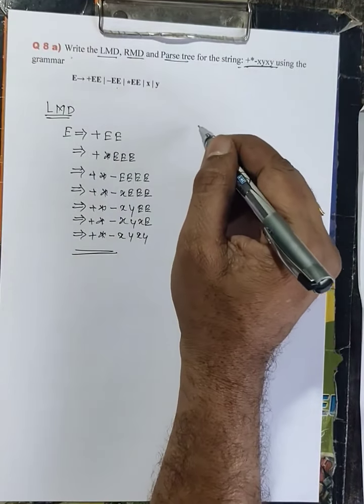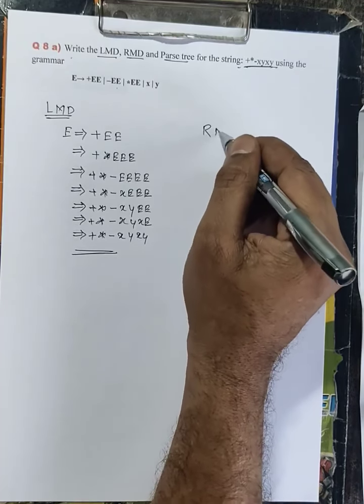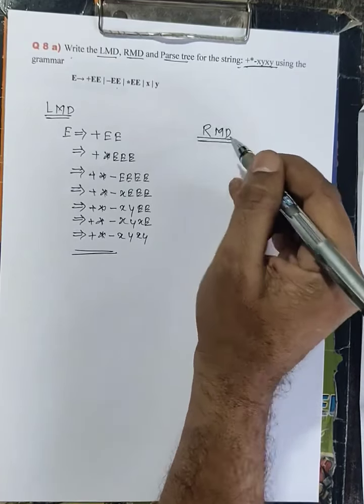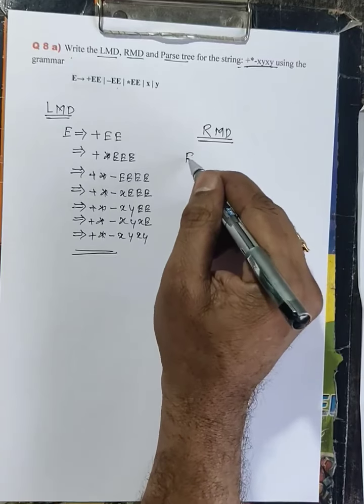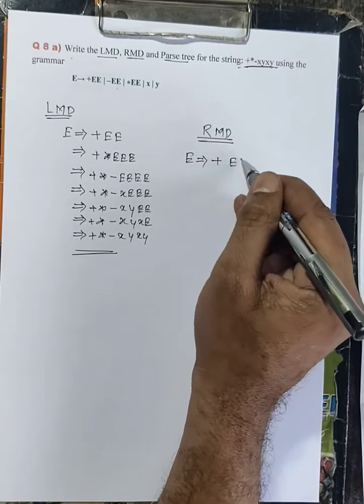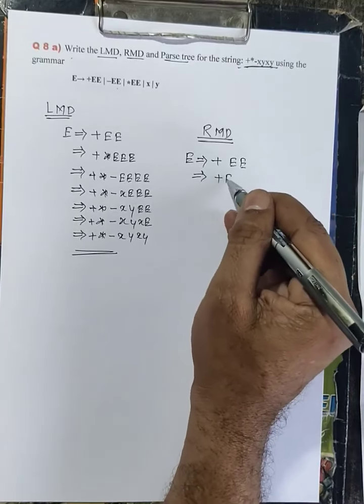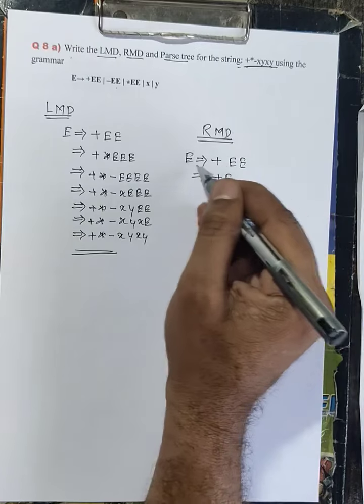This is called the LMD definition. And RMD starts from the right side. RMD derivation: E produces plus E E. This is from the right side.